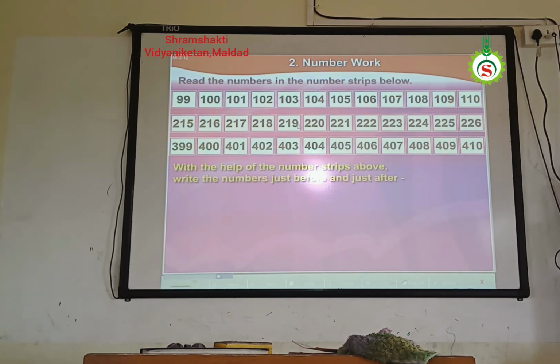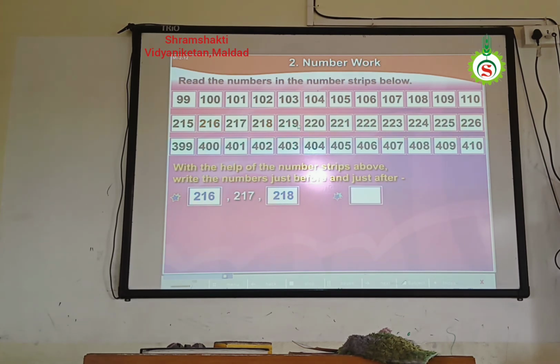With the help of the number strips above, write the numbers just before and just after. We need to write a number before 270 and after 270. If you check the number strip, 216 comes before 270 and 218 comes after 270.